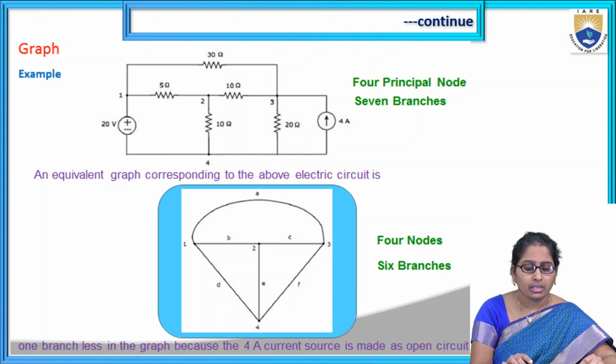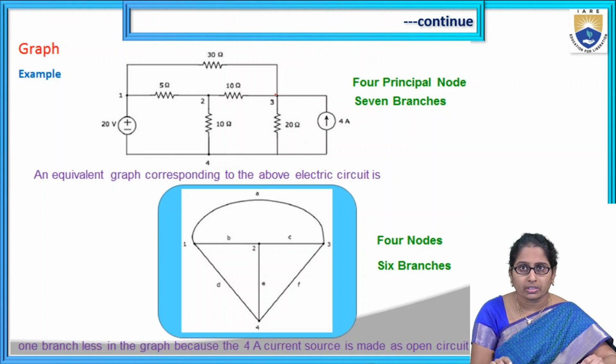Starting from the voltage source, the first point becomes one node, let us say node 1, and then the next point is one more node, node 2, and then the next point is also one more node. Yes or no? Because there are more than two elements connected at this junction.